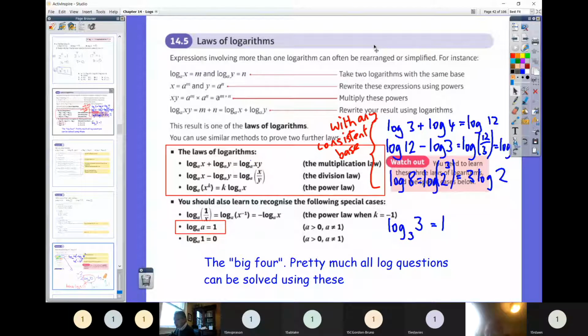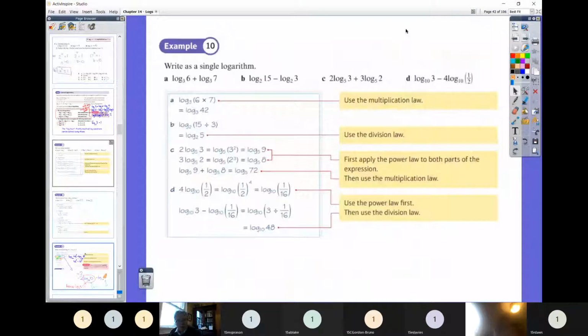So just looking at the examples. Example 10, so as I was saying, log 6 plus log 7 would just be log 42. The second one, log 15 minus log 3, you're going to divide the 15 by 3, that would be log 5. Now with that third one, we take the 2 upstairs.